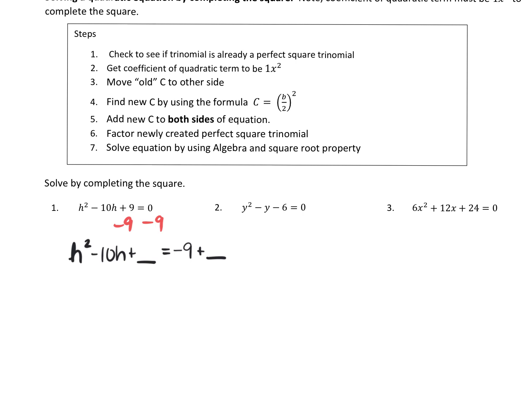What's the value of c that makes this a perfect square? Right, negative 10 divided by 2 squared, 25, right? Just like we did a second ago. So I'm going to add 25 to both sides of the equation.